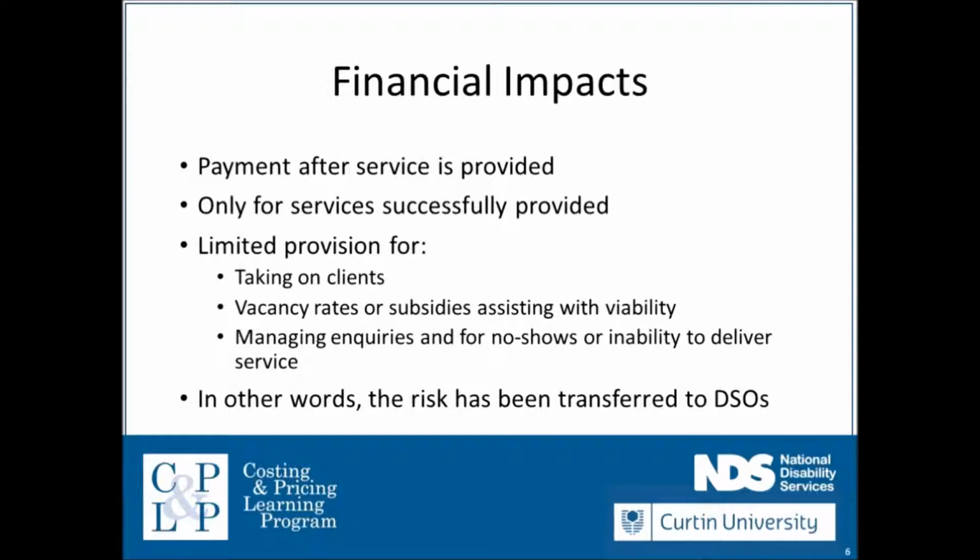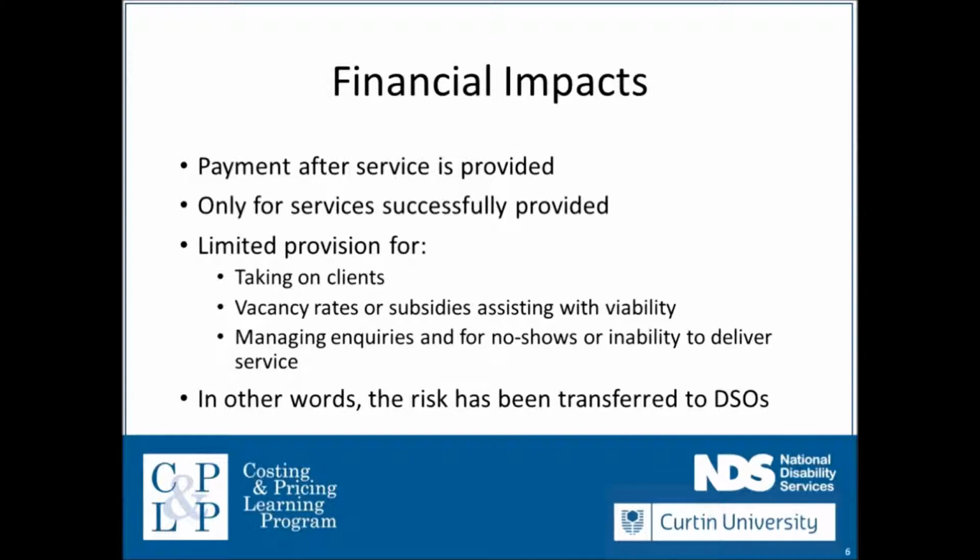In other words, where you have people inquiring about your services, people who might be asking questions or might need to be channeled to other services, these are all costs associated with running your organisation that are not funded necessarily through the NDIS funding framework. Again, if you are unable to deliver a service for some reason, including that the recipient, the service user, is unavailable or doesn't want to receive a service, then you're unable to charge for that service.